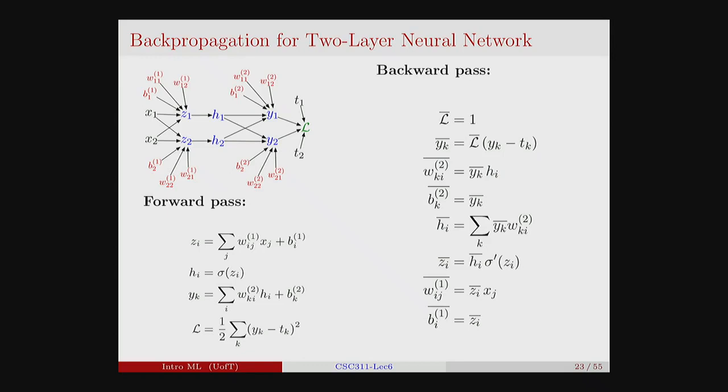The weight that influences h2 is only going to depend on the derivative of the loss with respect to h2. Everything after that is irrelevant. Once you have that error signal that's propagated all the way back to h2, that's all you need to compute the derivative. So this is correct.